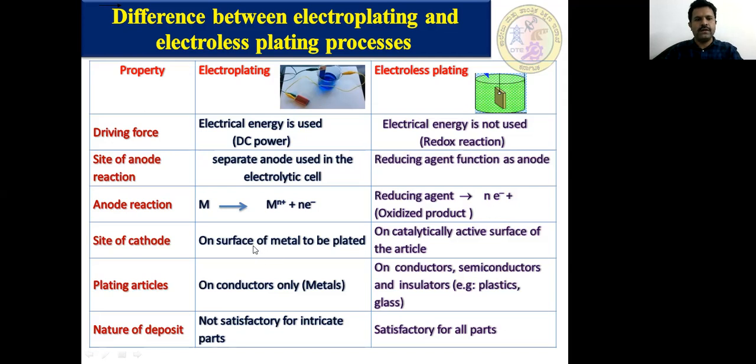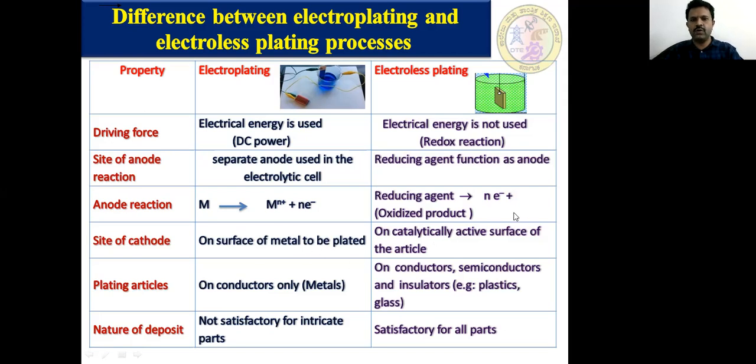And if you come to the site of the cathode, in electroplating, on the surface of the metal to be plated, the reduction will occur, it acts as a cathode.